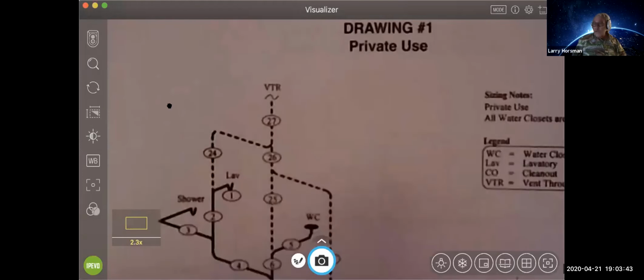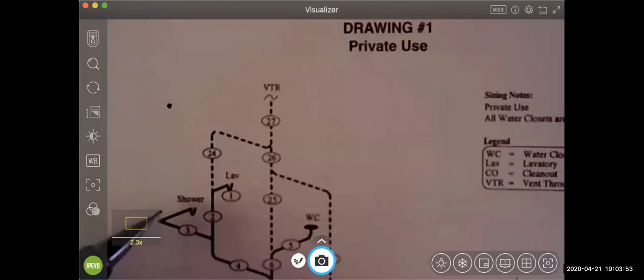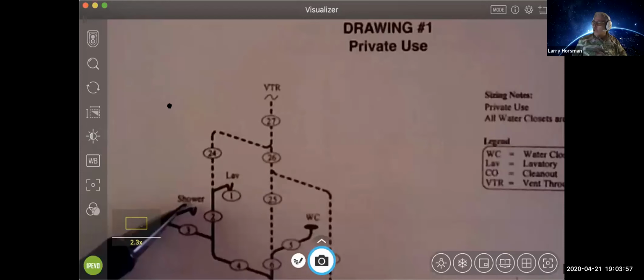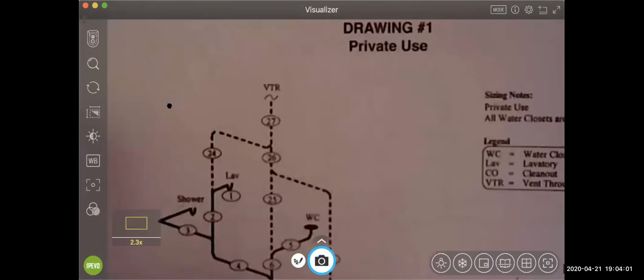And that doesn't have a trap because the toilet is internally trapped. So the trap is built into the toilet. So that just represents the flange over here. We have a shower. And there you do see a trap. We've got a trap arm and that's tying in.